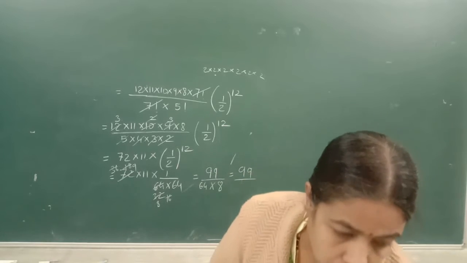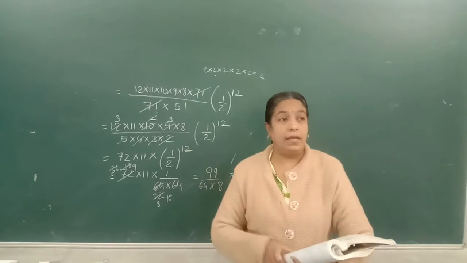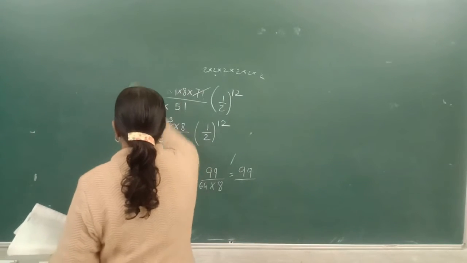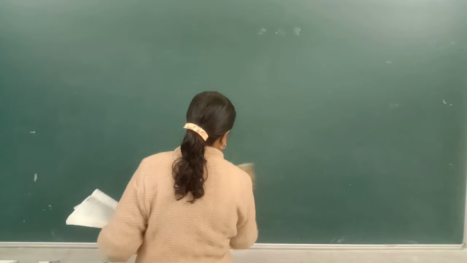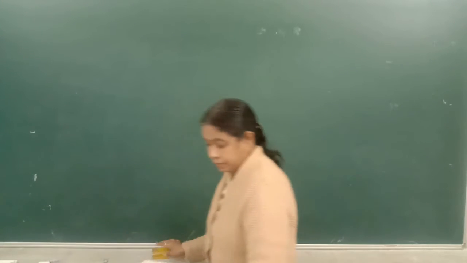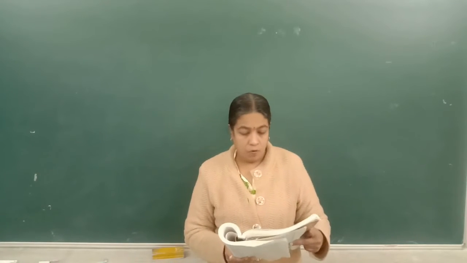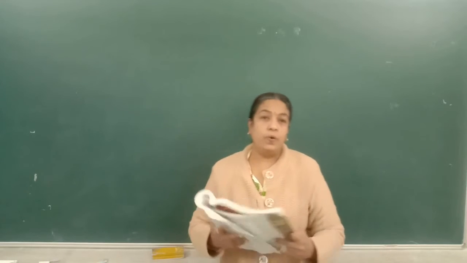Okay. Now next sum is the same, only the second case we are going to see from this. Exactly 7 heads is done. Now what is that? That is at least 2 heads.